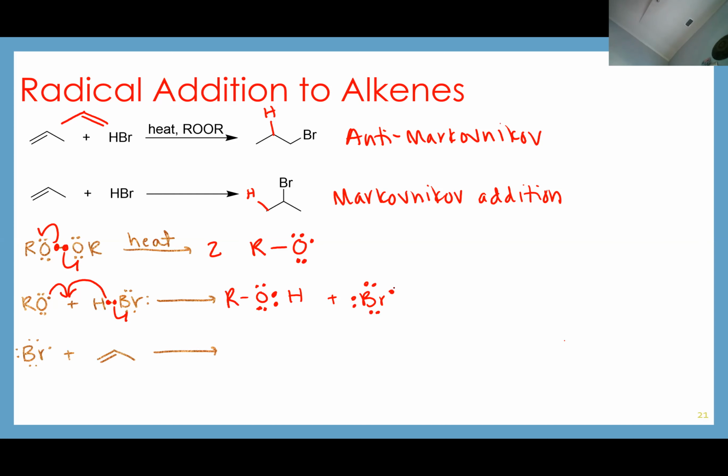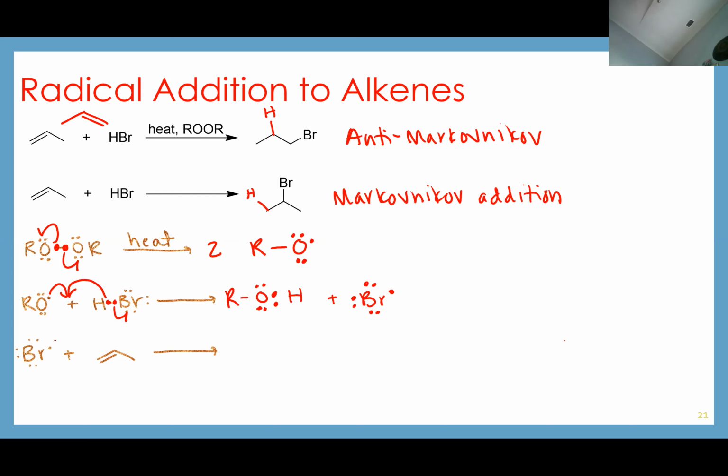Where do we want the radical to end up on this molecule? Do we want it on the primary carbon or on the secondary carbon? Secondary. Yeah, it would be much, much better to end up with a radical on the secondary carbon.